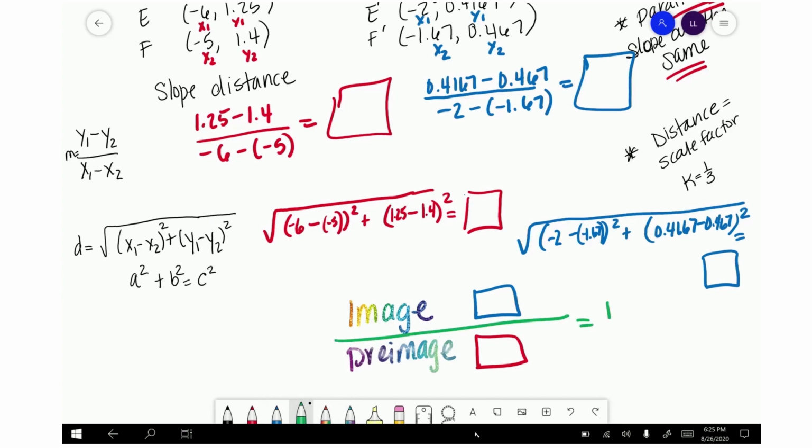It has to be equal to K. You're checking to see, and for me, I would be checking to see if it was equal to 1/3.